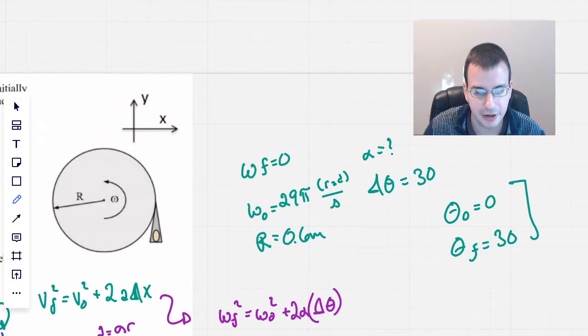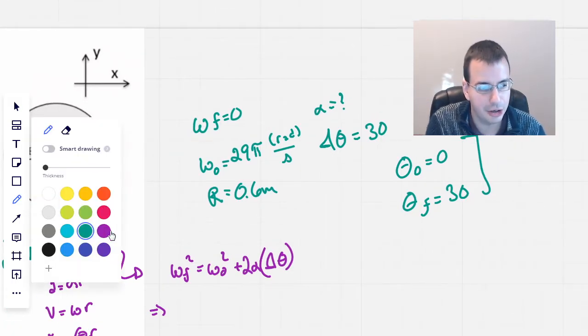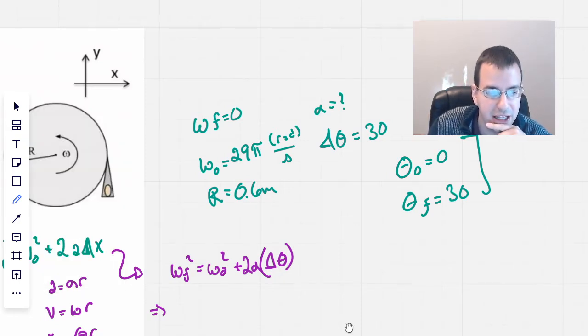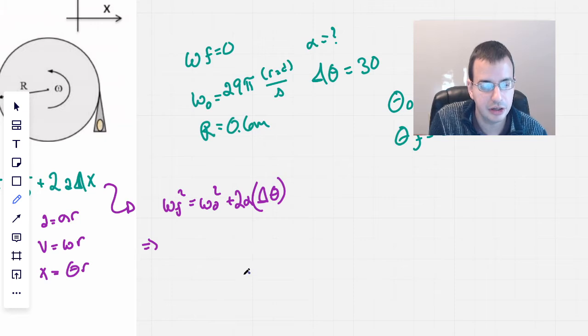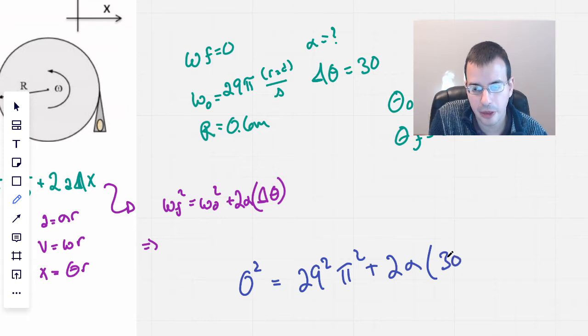So we're good with that. That's one of the reasons I like to write delta theta here, because you see this scenario pop up time and time again. Okay, so plugging these in, we have 0 squared equals 26 squared pi squared plus 2 alpha times 30.